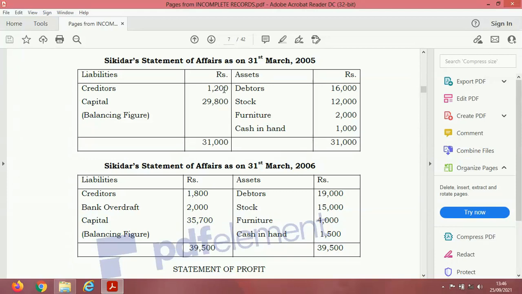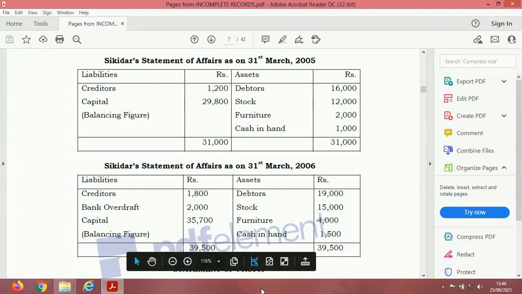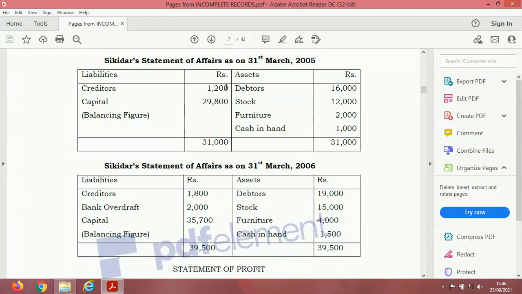You have your table. We had already finished putting assets. Then we went to liabilities. Under liabilities, we put our creditors, because creditors are the only liabilities. Creditors of 1,200. Then when we are done, we get the total and put it in the third column.